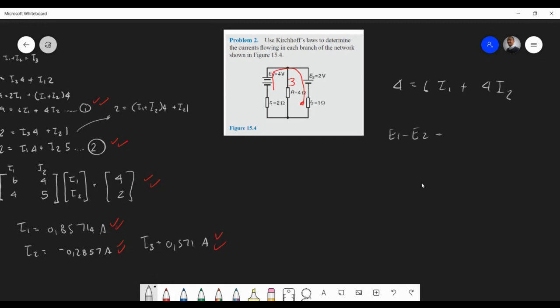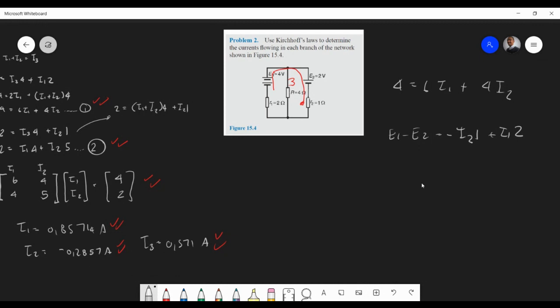And of course, we collect our terms around here. I2 is going in the negative direction because it's being produced this way, so minus I2. And with the 1 ohm resistance, I1 is going in the same direction as the loop, so it's plus I1 times 2.